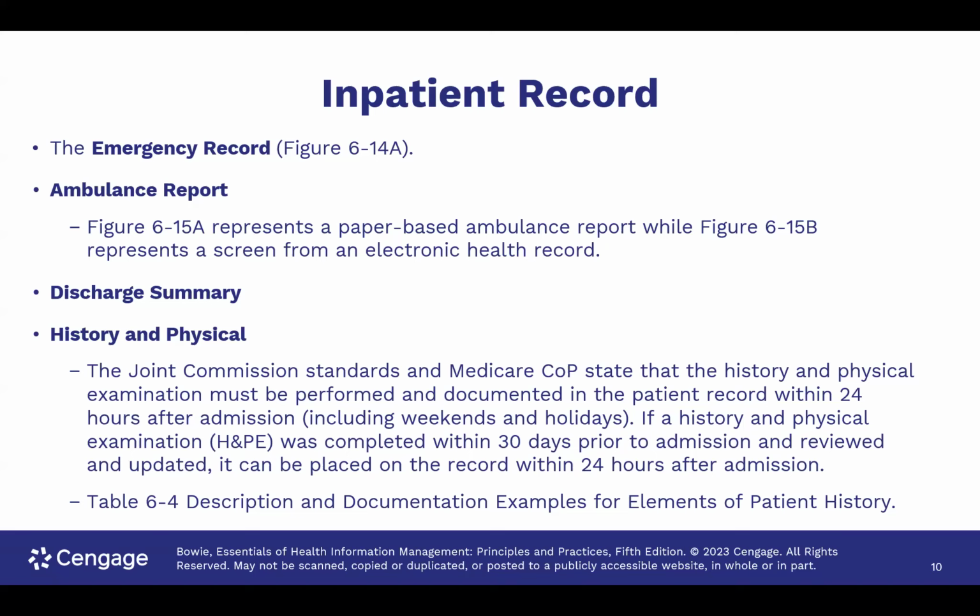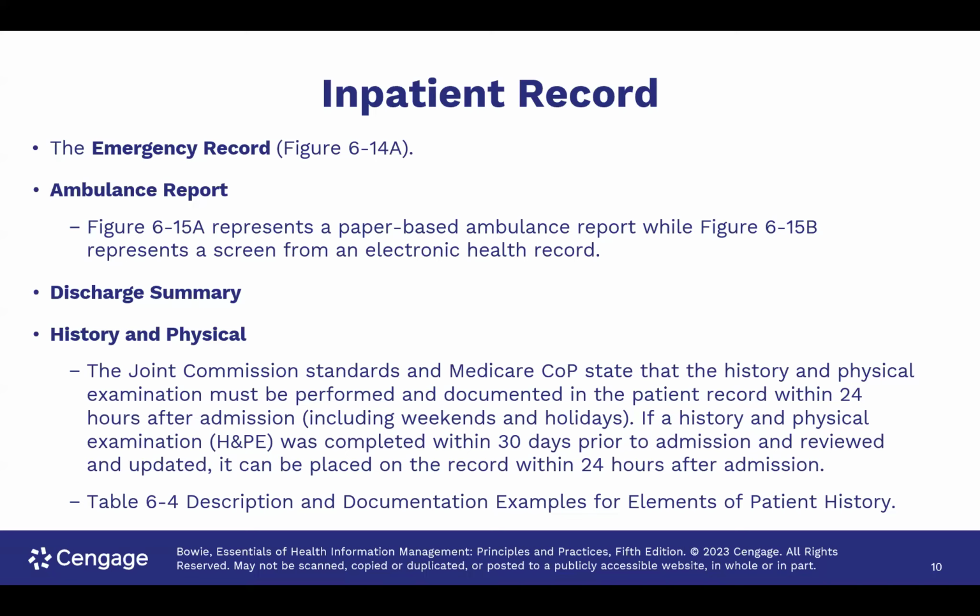Sometimes you'll see a direct link to the history and physical, which we'll talk about in just a moment. We'll also see as part of the inpatient hospital record, the discharge summary, which is basically an abstract of the patient's hospitalization. So it'll cover why the patient was admitted, summarize any procedures that were done, and so on. And then the history and physical.